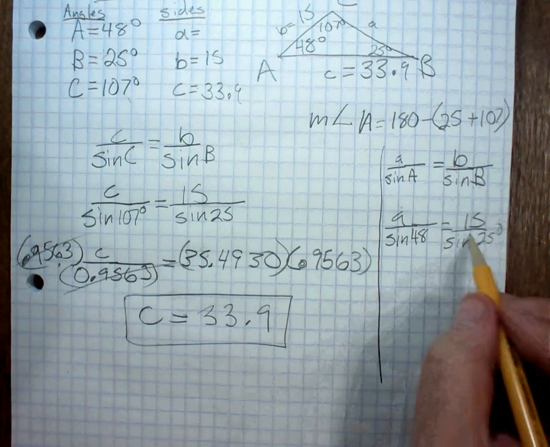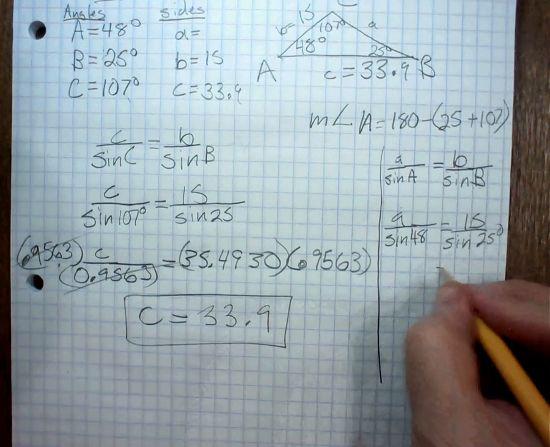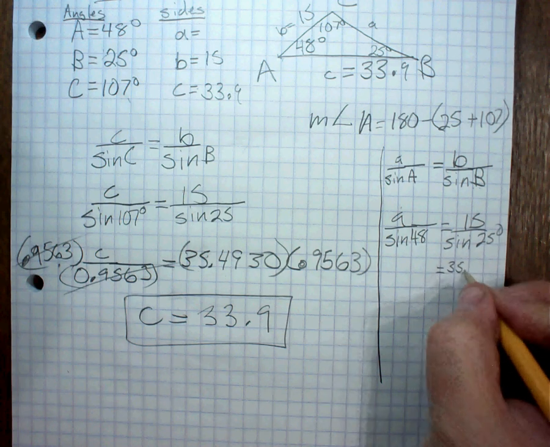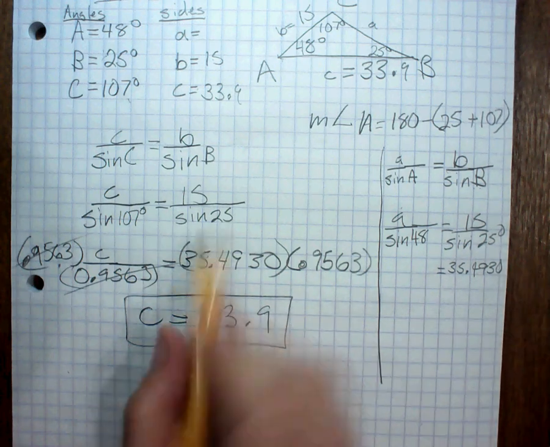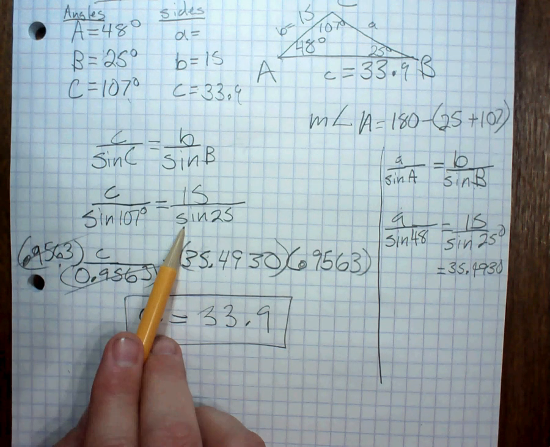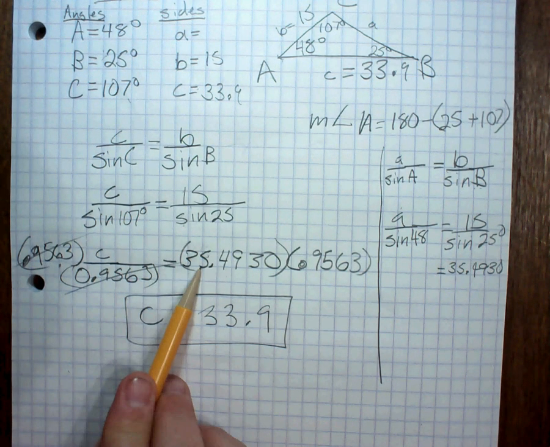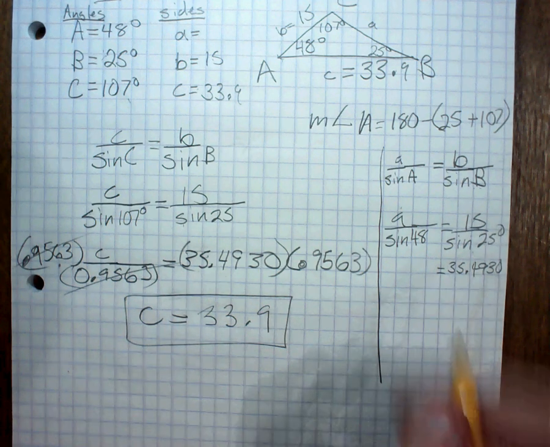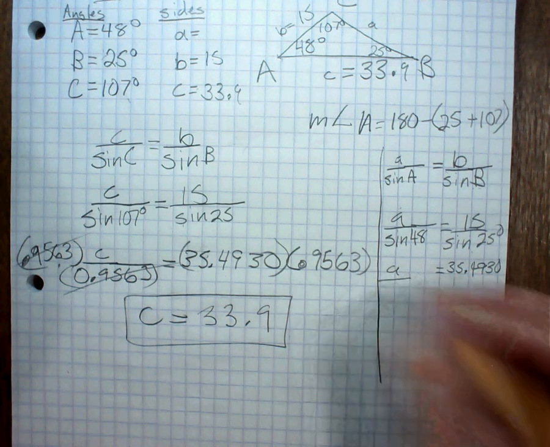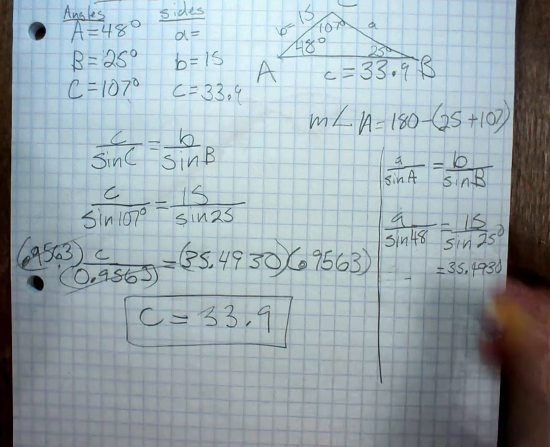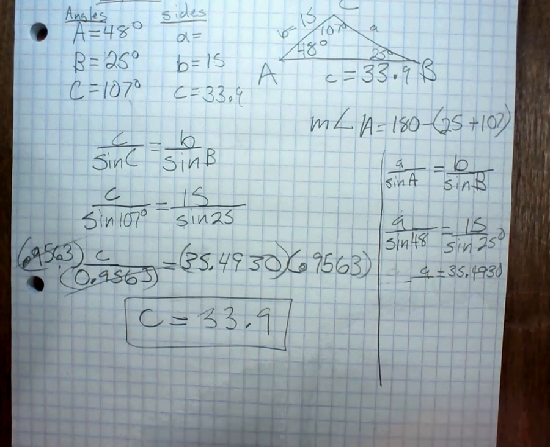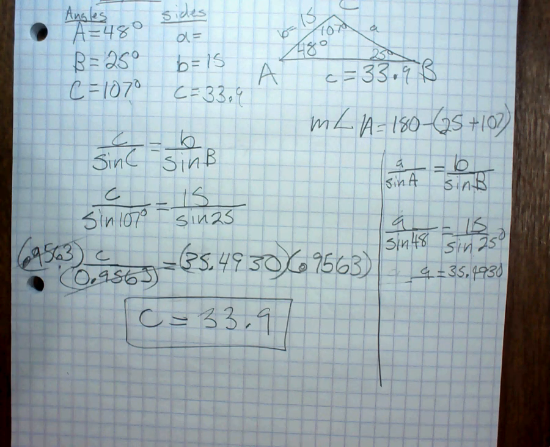Now I know that this is equal to 35.4930. Why? Because I had 15 over sine of 25 here, and when we plugged it in the calculator, it was this number. So that's equal to a over whatever sine of 48 degrees is.